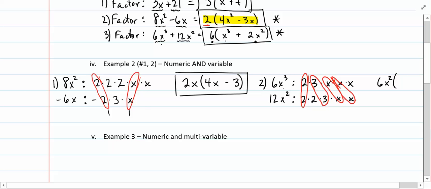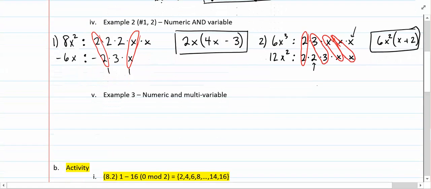And what's left behind in the 6x cubed is just this 1x, so we're left with x. And then from the 12x squared, the 2 is left behind, so we would say plus 2. And this would be a fully factored answer to that problem.